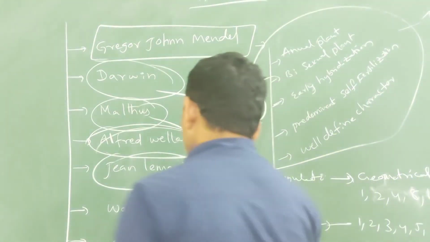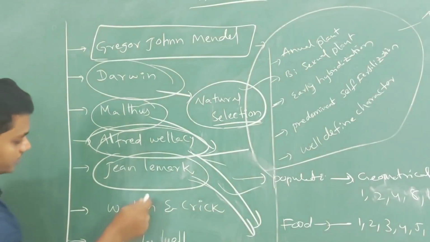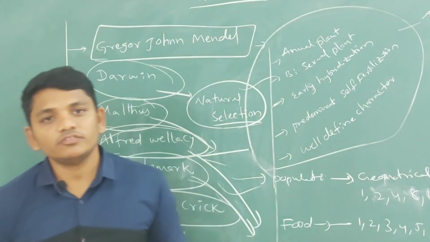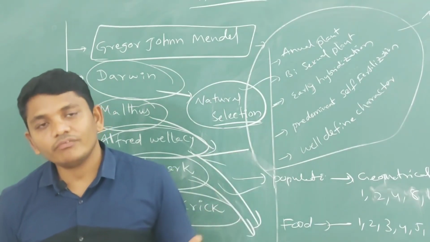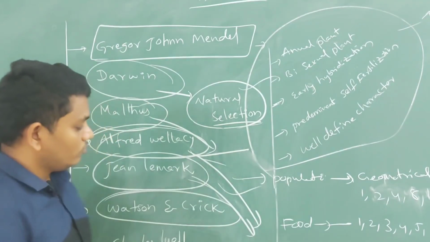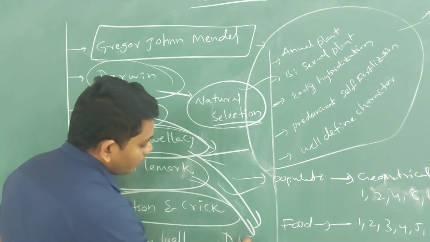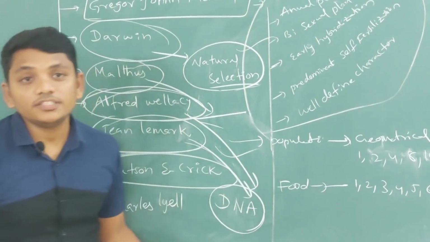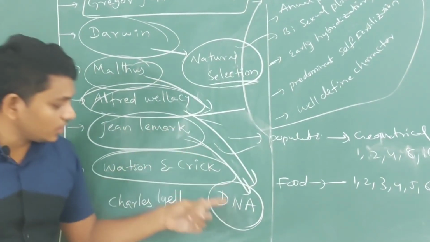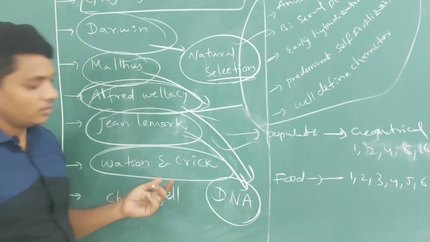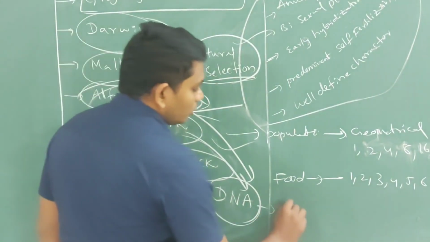And after Lamarck, we will discuss Watson and Crick. Already we discussed the structure of the chromosome. In the structure we can find genes. In the genes we can find DNA. So DNA is a part of a gene. A gene is a part of a chromosome. The DNA structure was identified by Watson and Crick. The structure of the DNA is a double helix.